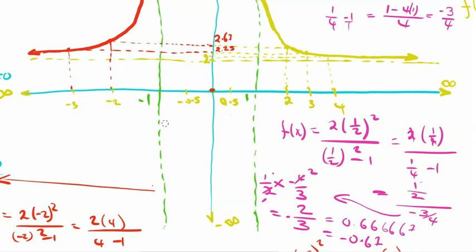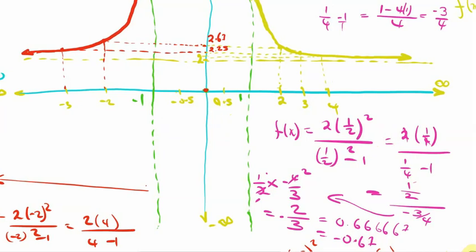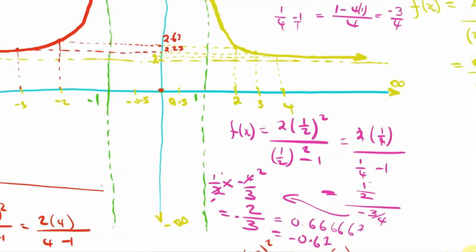Okay, it's an even function, so this will be the same answer that we'll get if x is -1/2. It's -0.67. This is where -0.67 is. So when x is 1/2, that is my point there.